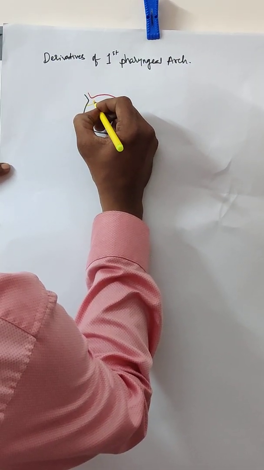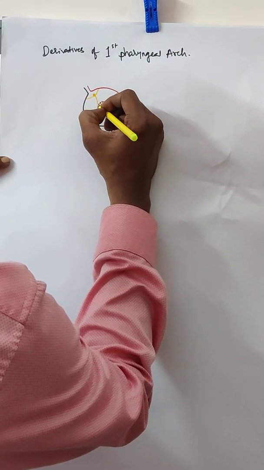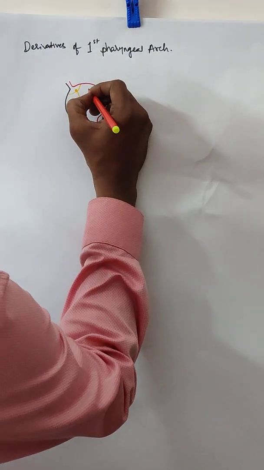So there is one nerve here, and again another nerve, and also there is another nerve which is coming to the muscles. And also there is one artery here which is called the artery of the pharyngeal arch.